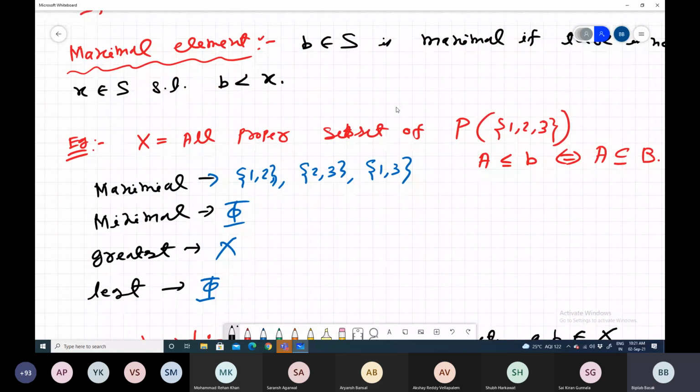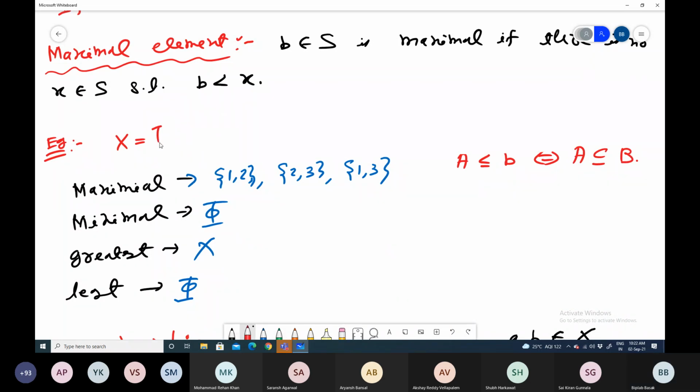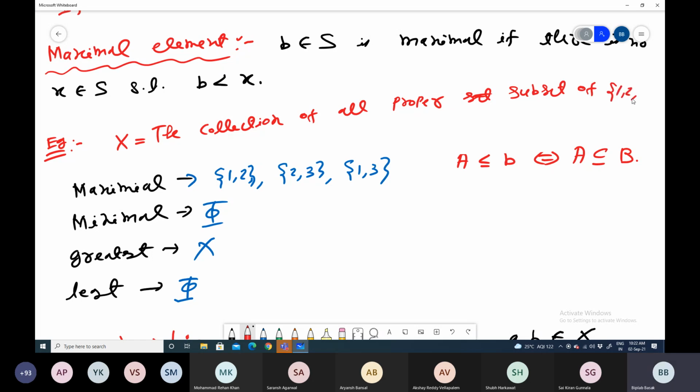It is better to write it as the collection of all proper subsets of {1, 2, 3}.